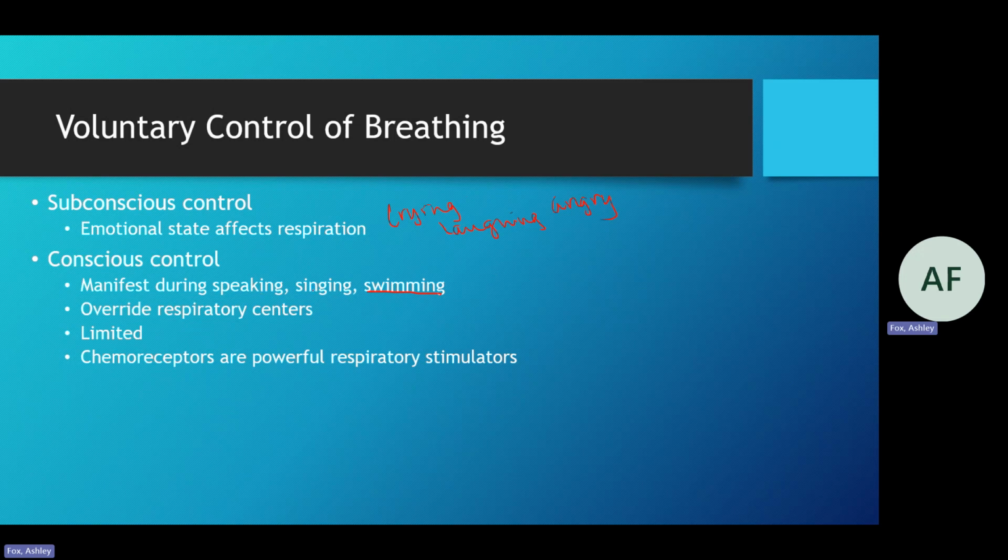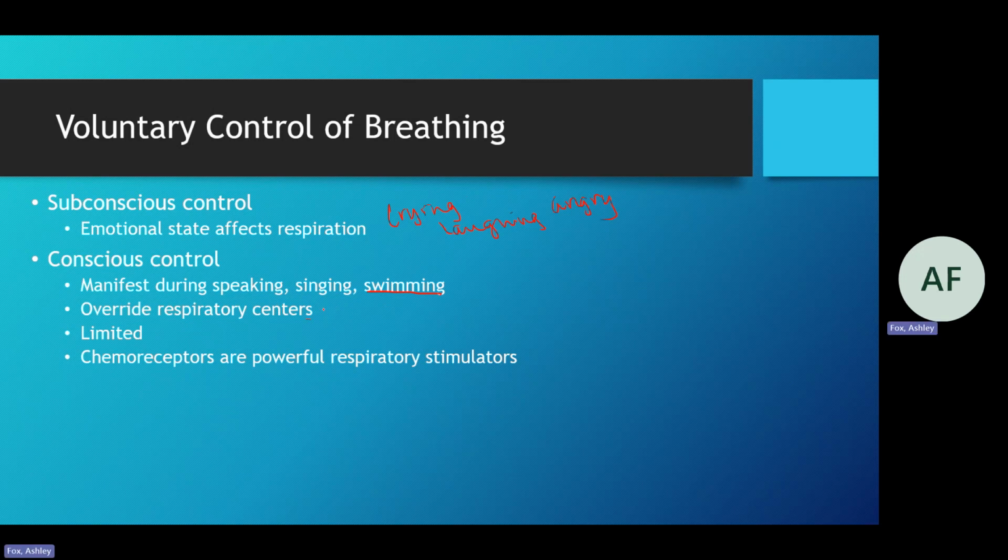Singing, speaking, all of those things are more conscious control because you can hold your breath and then you take a breath once you're done speaking or singing. So this overrides the respiratory centers again to a point. So this is overriding your medulla oblongata to not have the normal rhythm of breathing that you would if you weren't doing all these activities.